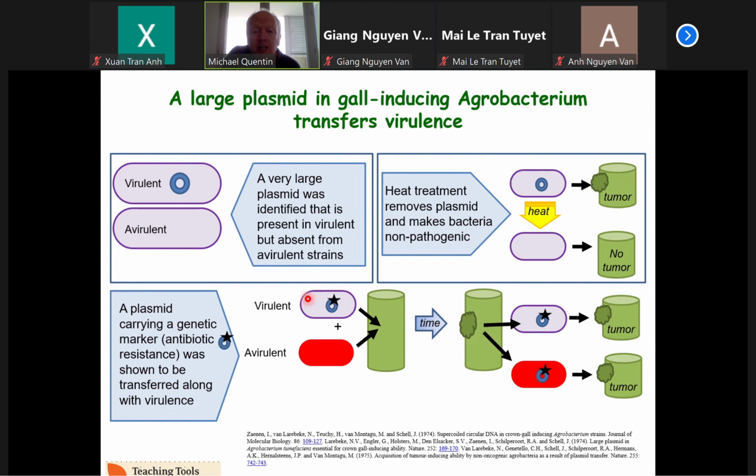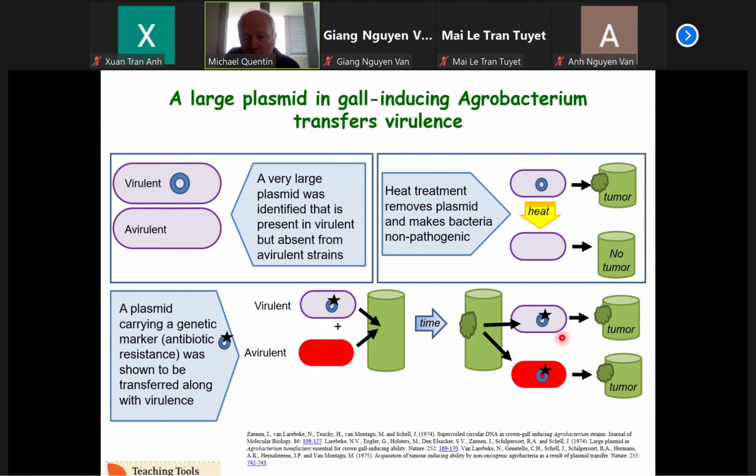And actually, it was noticed that if you made this plasmid carrying a resistance gene conferring resistance to an antibiotic, and you inoculated a plant together with another avirulent bacteria, after a while a gall was forming.